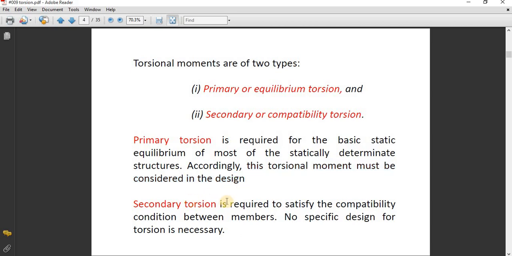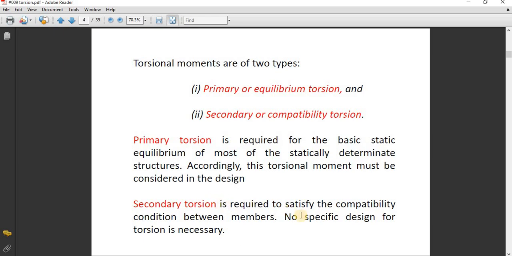Secondary torsion is required to satisfy the compatibility condition between the members. So no specific design torsion is necessary. While designing a structure, secondary torsion is not necessarily to be considered.